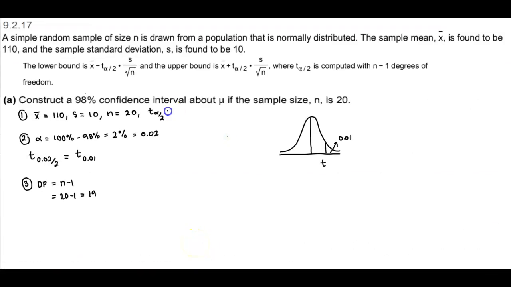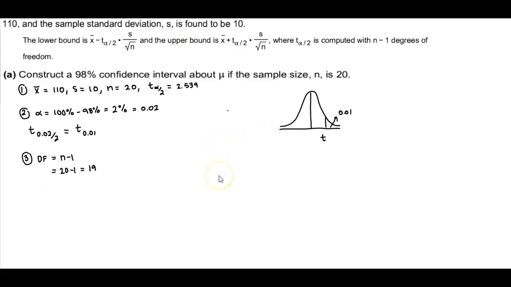So now we found that the critical value up here is 2.539. Now we want to figure out what the lower bound and the upper bound are. Again, the lower bound is x bar minus the critical value times the standard deviation over the square root of the sample size.